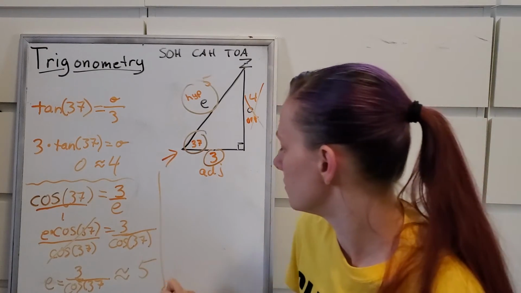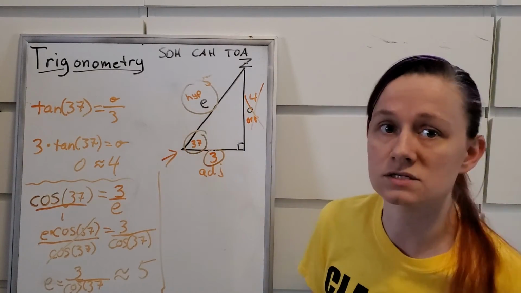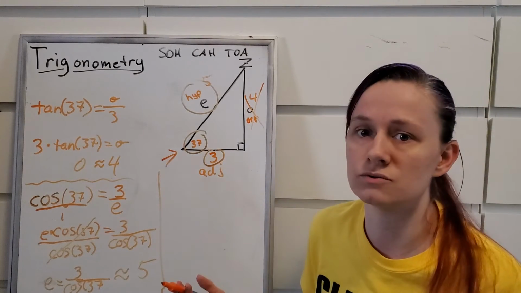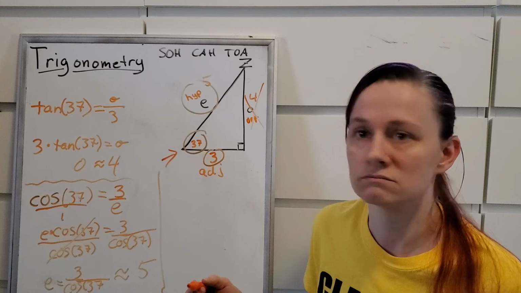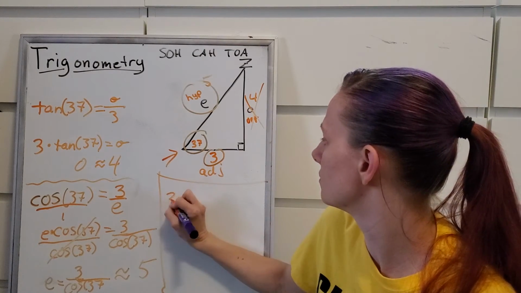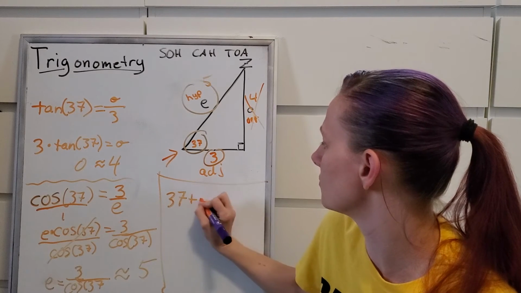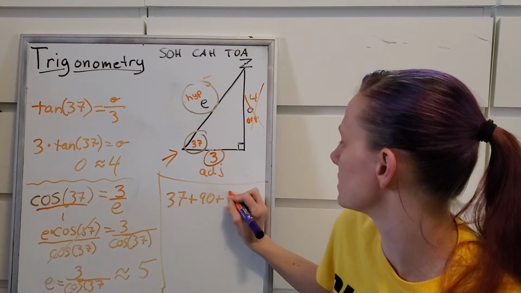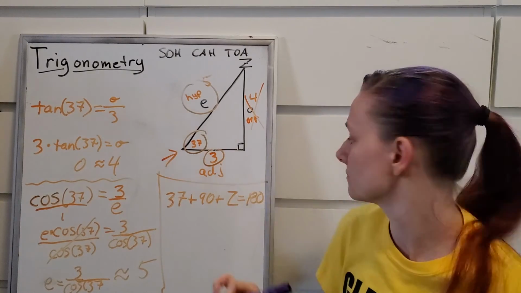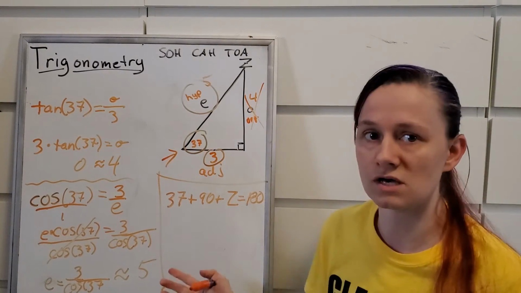Now, you could use inverse trig to solve for the last angle, or you can just use your triangle addition. The 37-degree angle plus the 90-degree angle plus angle Z equals 180. There are two ways to solve.